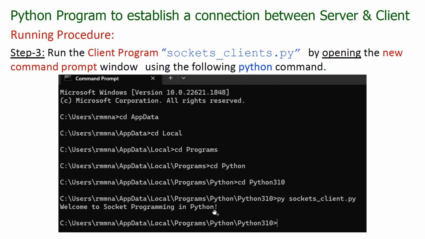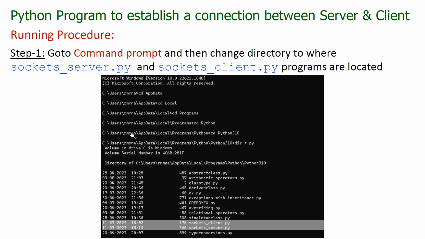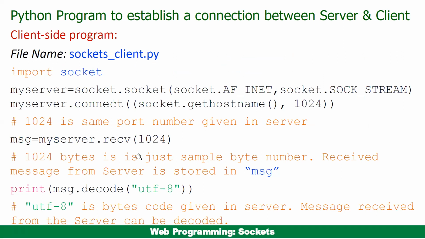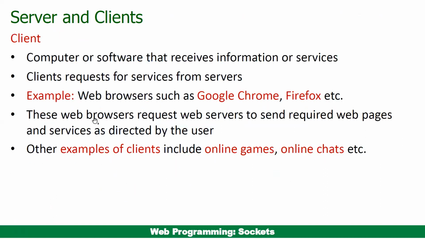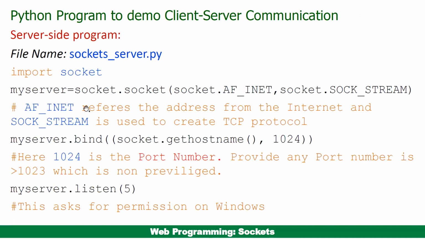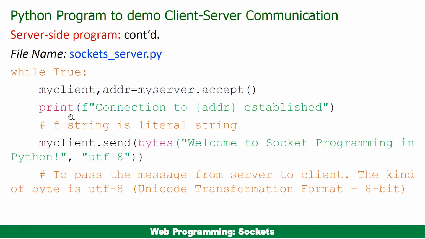Welcome to socket programming in Python. Where is this message available? Let us check whether it is in the server program or the client program. So this is the server program. In the server program, what message are you displaying in the print statement? Connection to so and so address established.